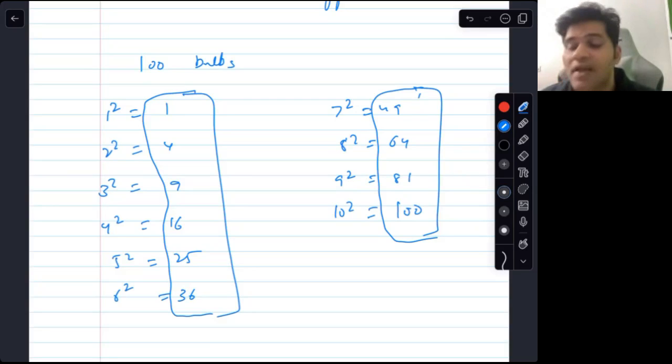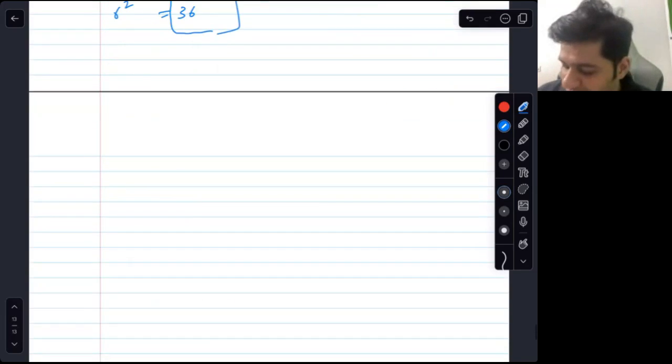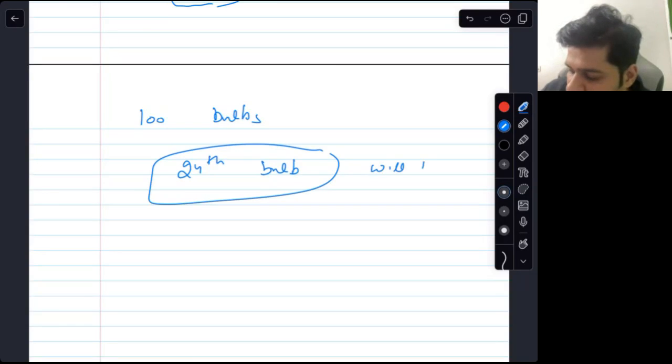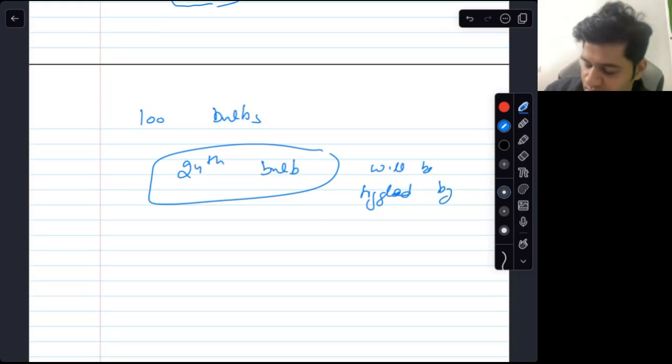Let us say we have 100 bulbs. The 24th bulb will be toggled by which fluctuations?